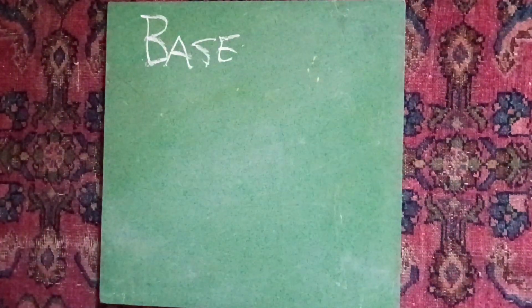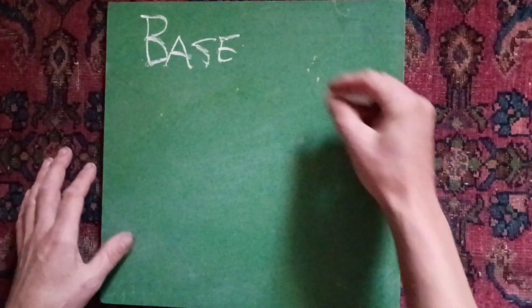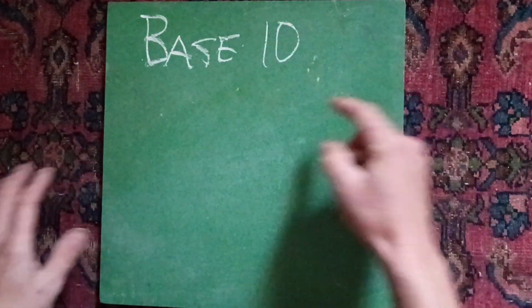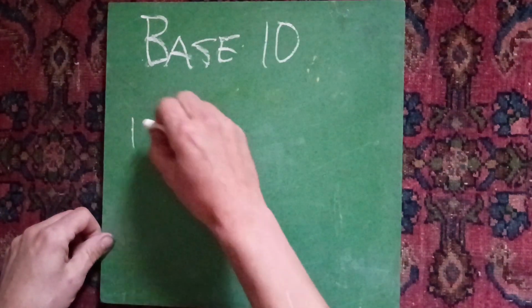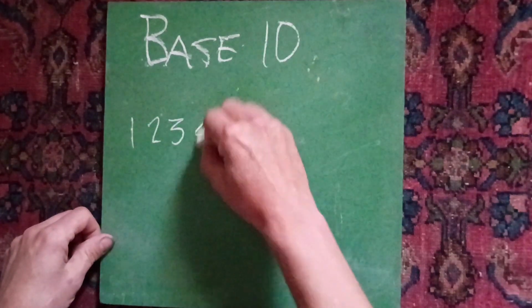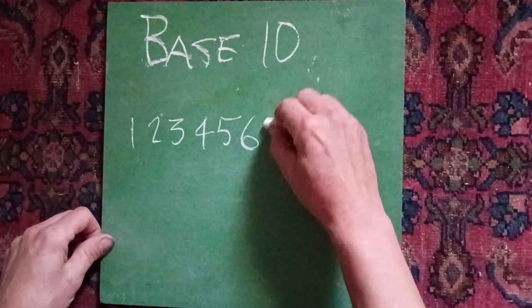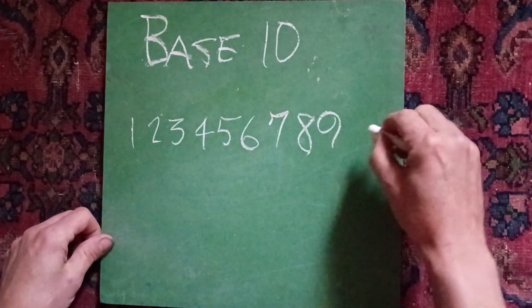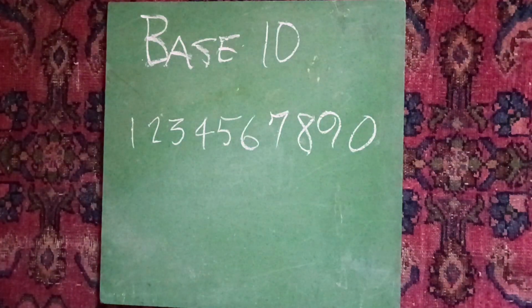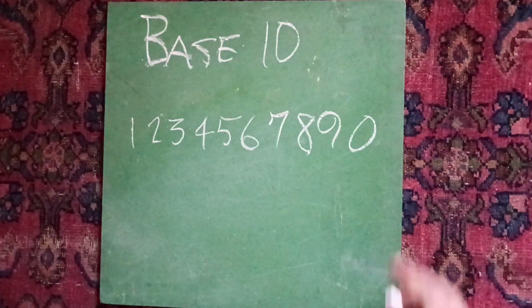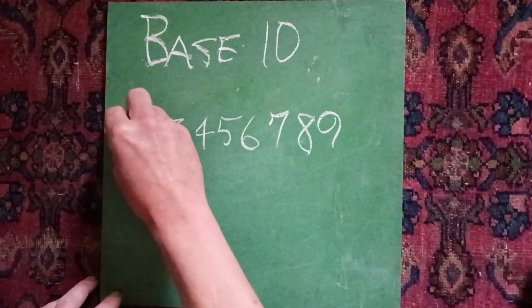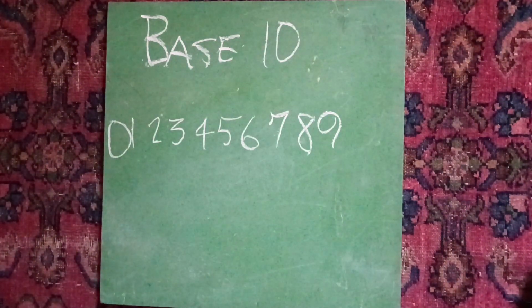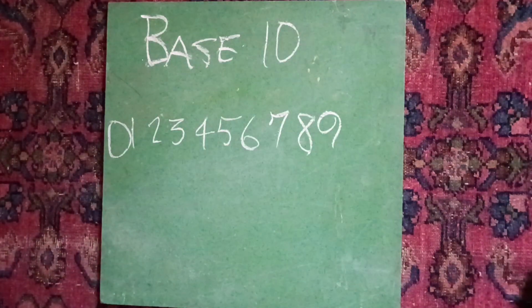Everybody learns about base 10, and that means there are 10 choices for the numbers: 1, 2, 3, 4, 5, 6, 7, 8, 9, and 0. That's 10 choices. Or you can say 0 through 9 if you want to think of it that way. There's 10 choices.